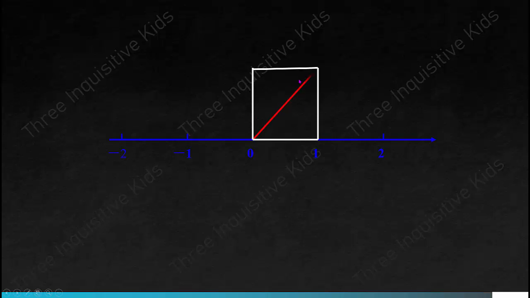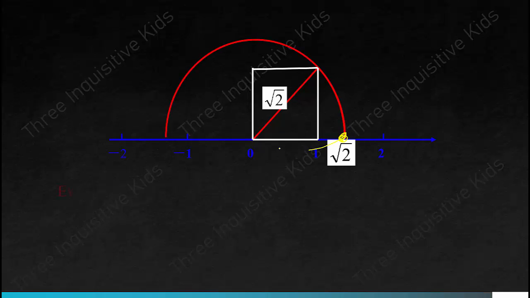So if we draw a square right here, we first make a square with a side length of 1. The diagonal would be the square root of 2, right? Then we take that diagonal and we just use a compass to set it down on the number line. So this point right here would be the point of square root of 2.